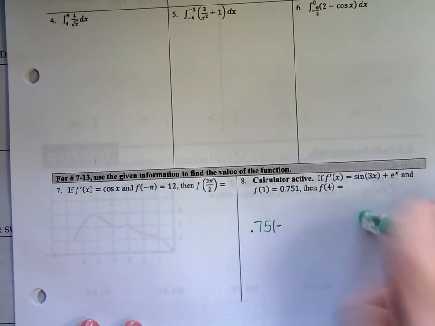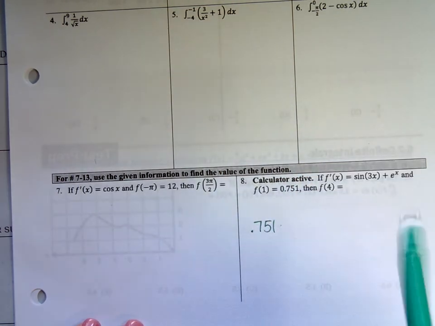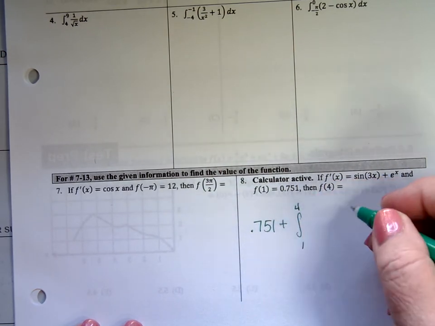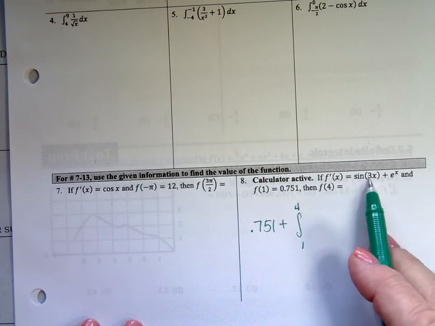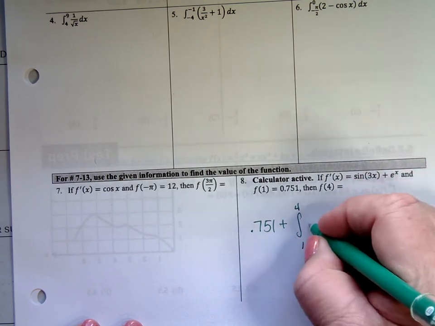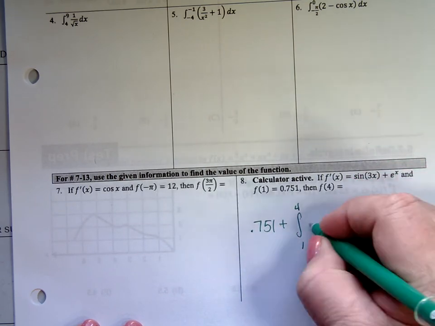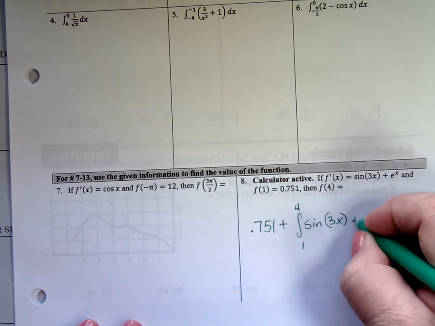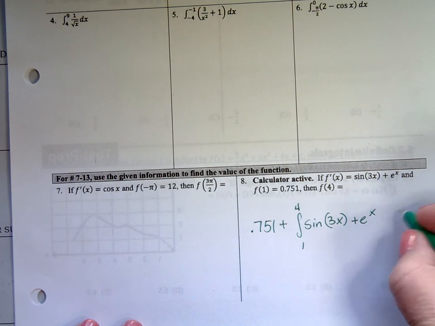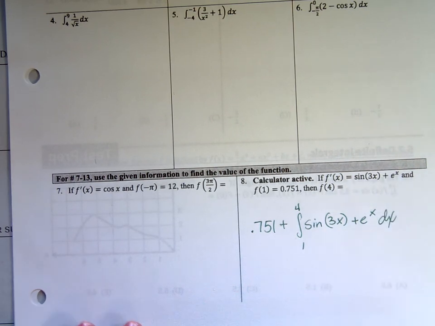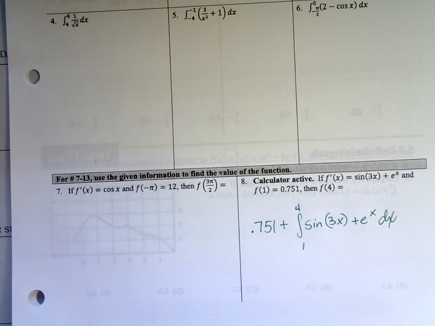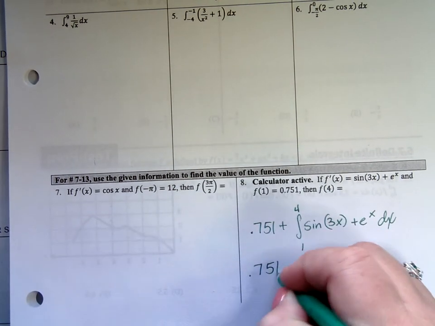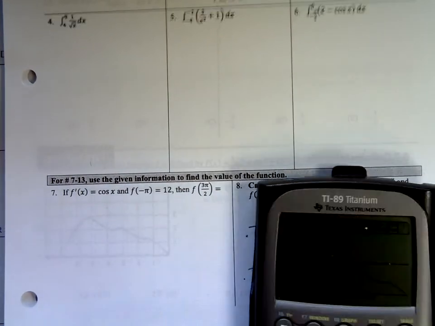So you're going to add on the integral from 1 to 4 of the derivative, which goes inside the integral: sine of 3x plus e to the x. Integrals always want the dx, with respect to x, at the end. So you're going to have 0.751 plus, and then you go to your calculator and do the same exact type of thing we just did.